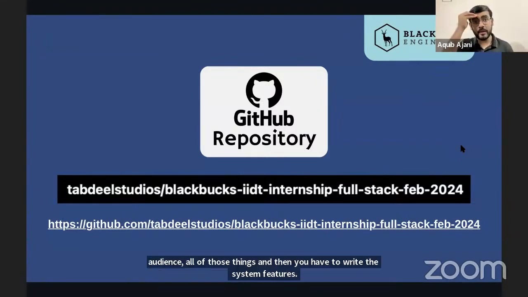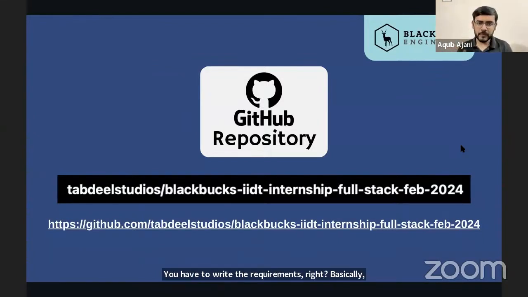So, you have to write the requirements, basically feature one, feature two, feature three in detail, like I have shown you in the sample. If you see the sample that is uploaded on the repository, you can find the description and system features. So that is the second step. Once you write those descriptions down, then you can start working on the coding part.